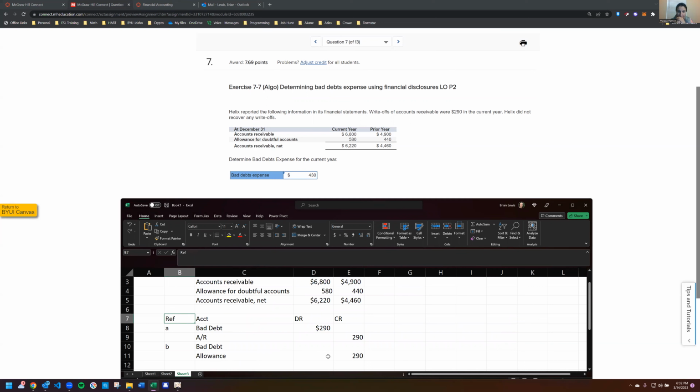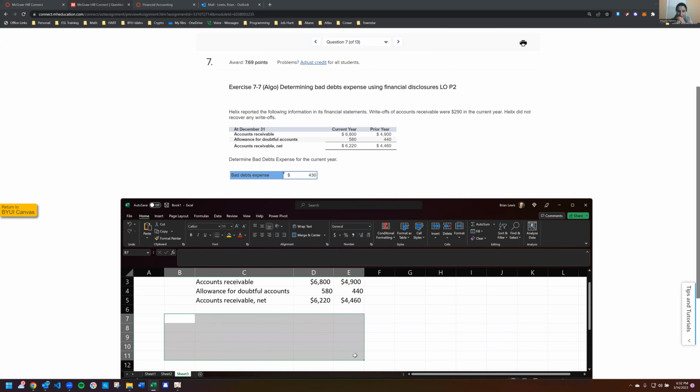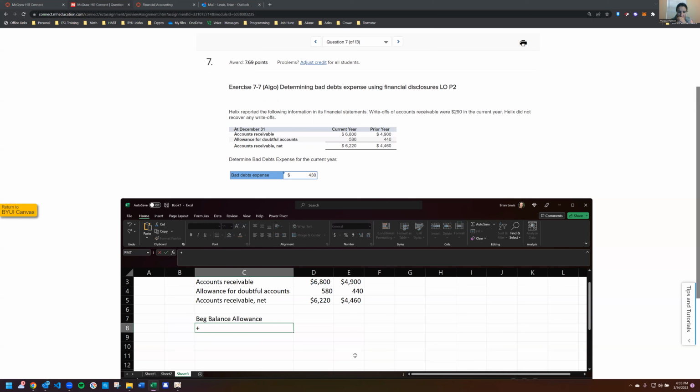You have to do very similar to what we did before, which is the beginning balance for allowance, plus additions, minus subtractions.